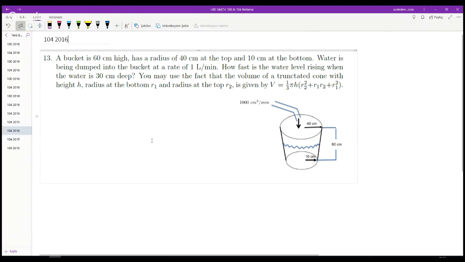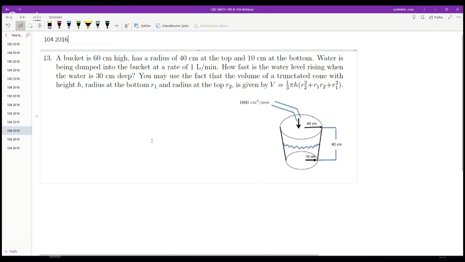Okay, I want to solve this one. A bucket is 60 centimeter high, has a radius of 40 centimeter at the top, and 10 centimeter at the bottom. Water is being dumped into the bucket at a rate of 1 liter per minute. How fast is the water level rising when the water is 30 centimeter deep?